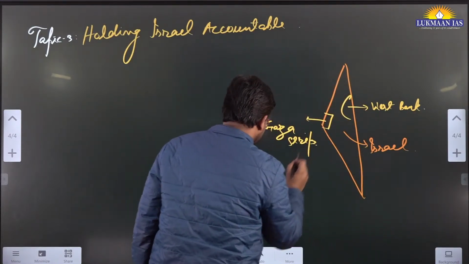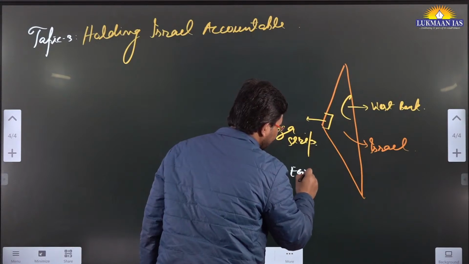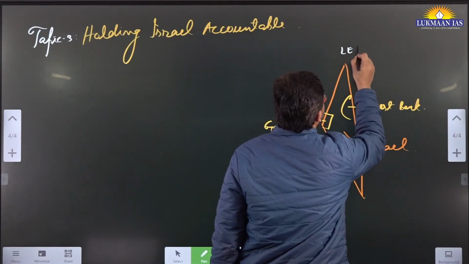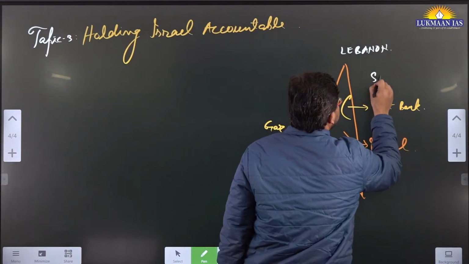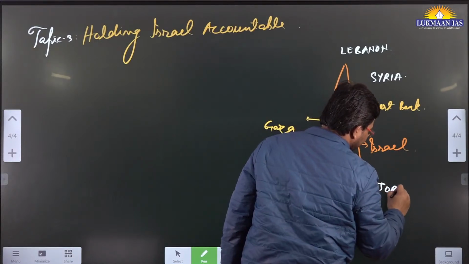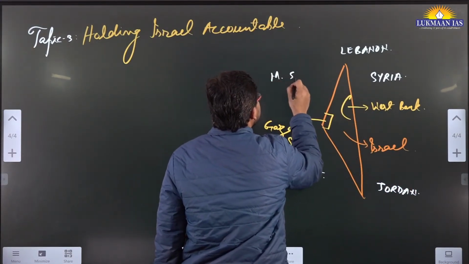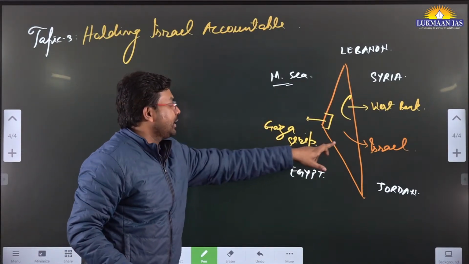There are some countries surrounding this. One of the countries is Egypt. Then we have Lebanon, Syria, and Jordan. Over here we have the Mediterranean Sea, I'm just writing MC.